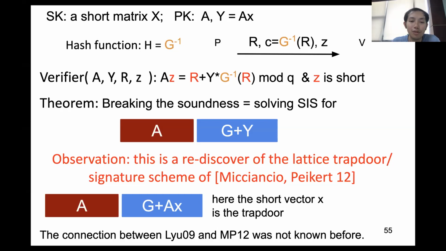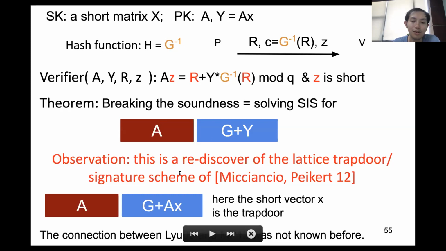And the trapdoor exactly looks like A concatenated with a G matrix plus some A times small X. So in fact, we show that breaking the soundness is equal to solving the SIS for this.